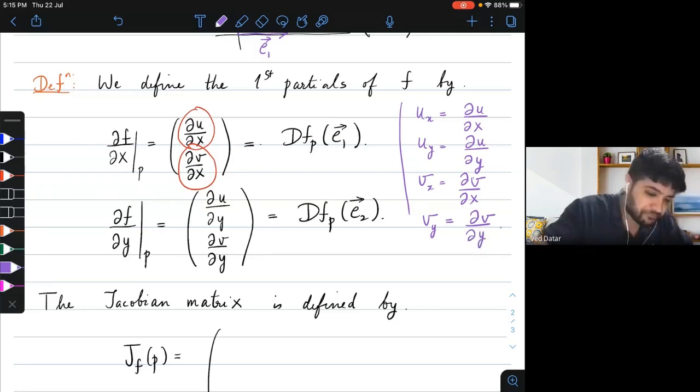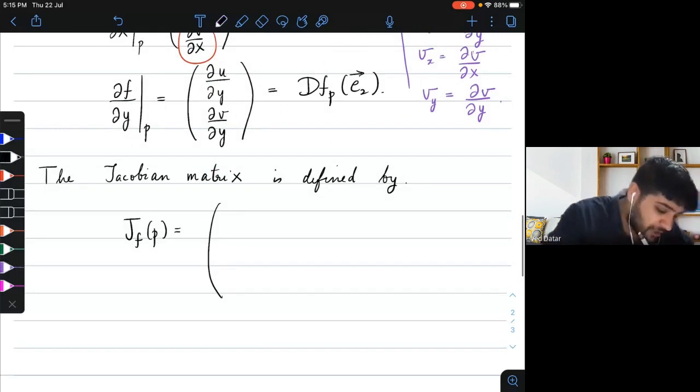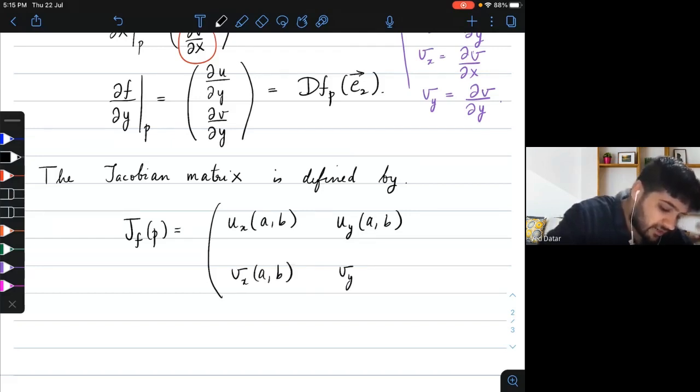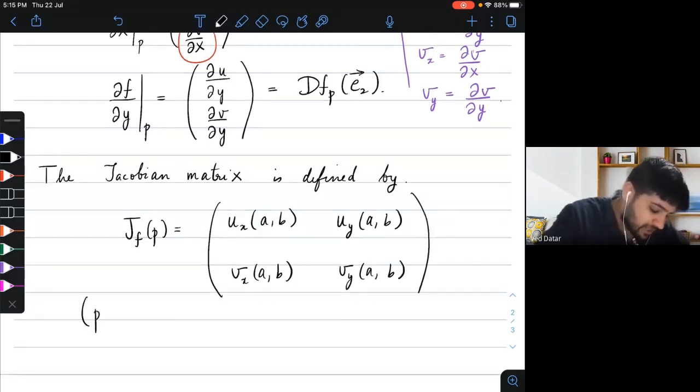Okay. So then the Jacobian matrix at P is basically just defined as Ux of AB then Uy of AB, then Vx of AB and Vy of AB. Okay, remember that P was basically this point A comma B.